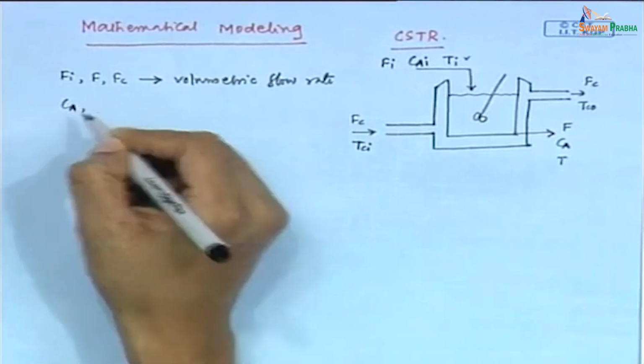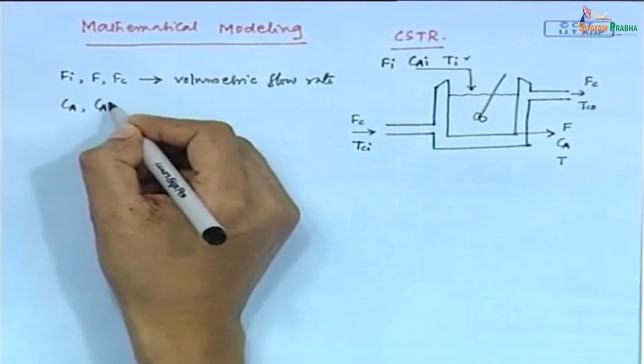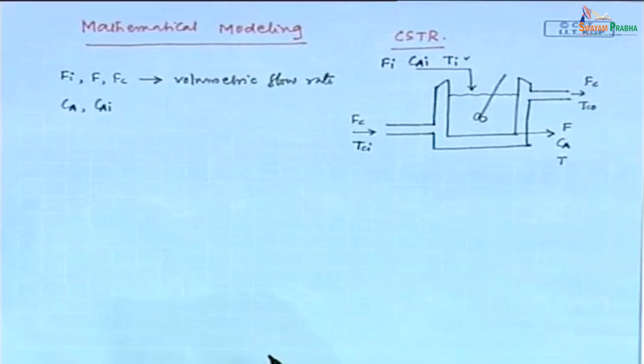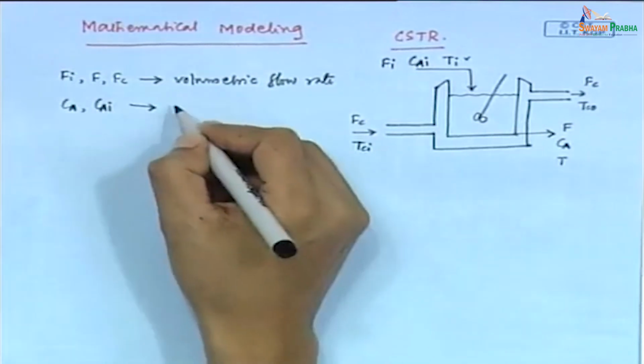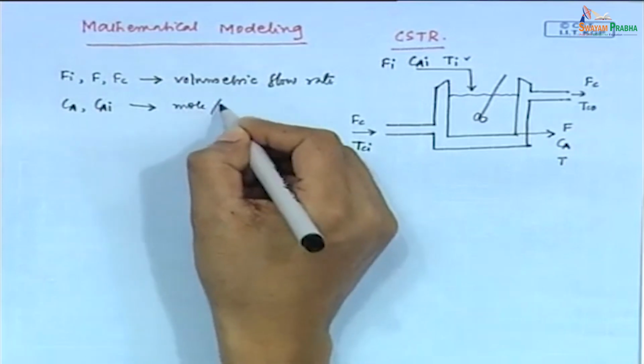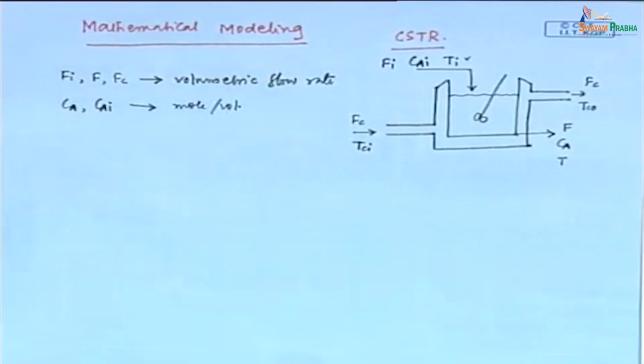Concentration Ca and inlet concentration Cai are both molar concentrations, for example, in mole per unit volume.